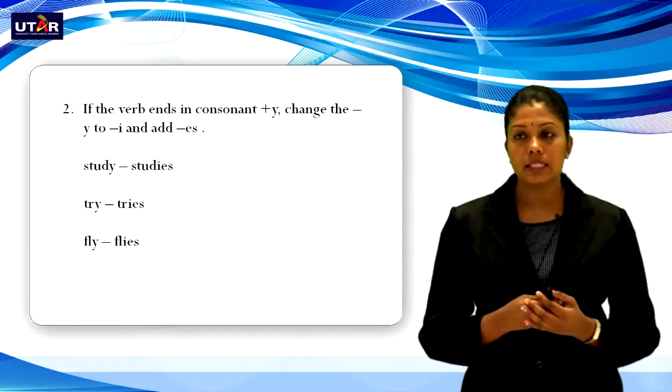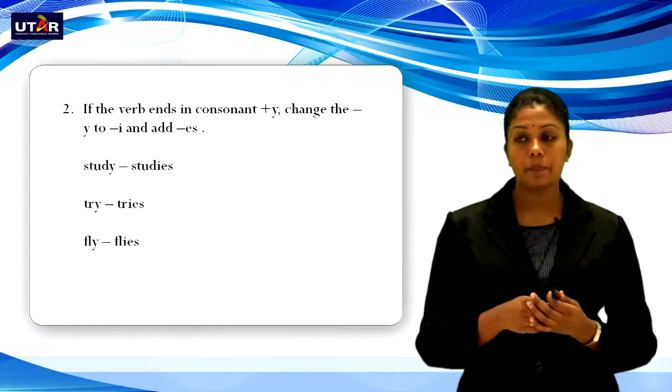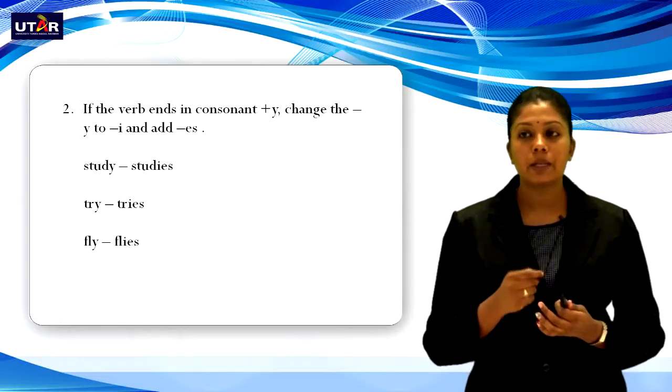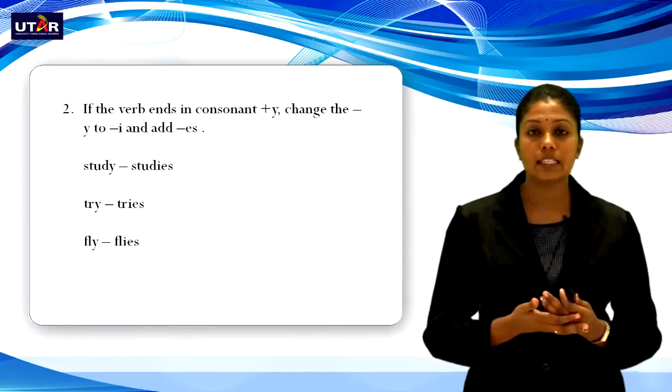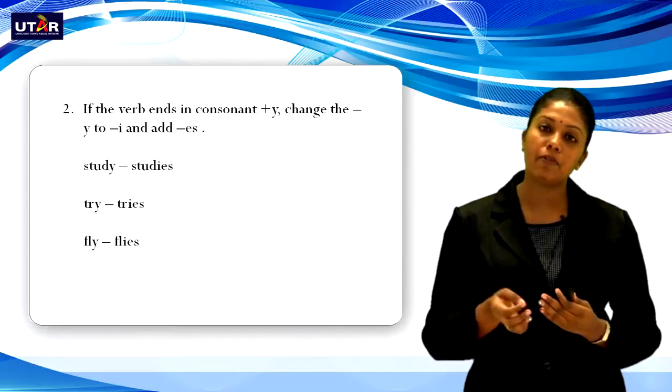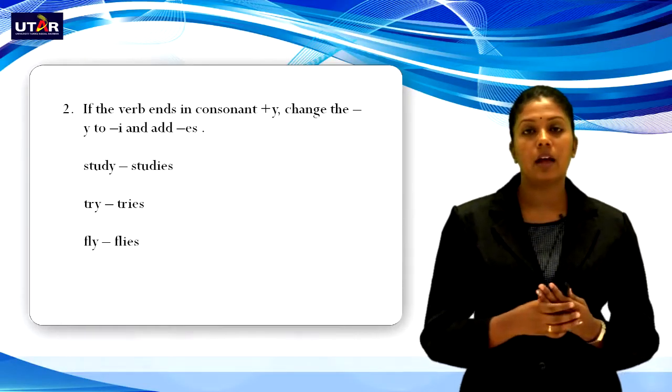The second rule is, if the verb ends in consonant plus Y, change the Y to I and add ES. So we have study, STUDY. If you see before the letter Y, there is the consonant D. So DY.